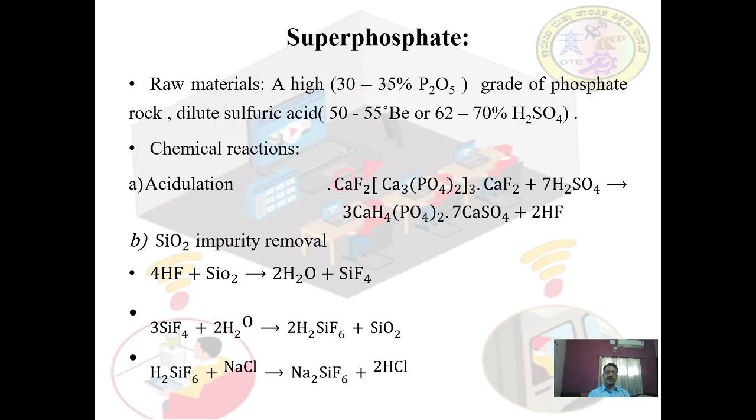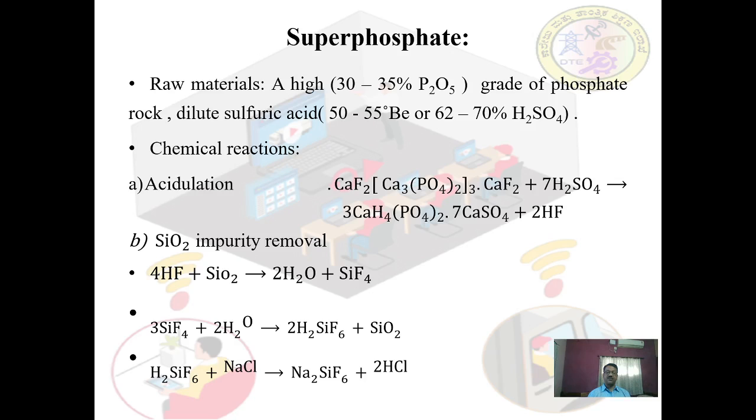The hydrogen fluoride is removed by using silica: 4HF plus SiO2 gives 2H2O plus SiF4, that is silicon fluoride. The silicon fluoride is then treated with water, which produces hydrofluosilicic acid and silica.